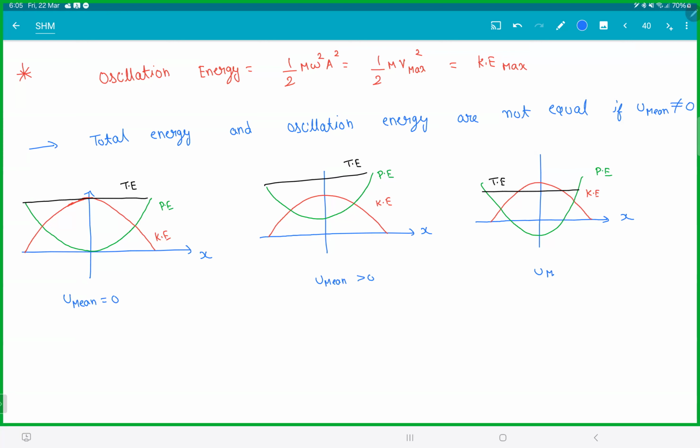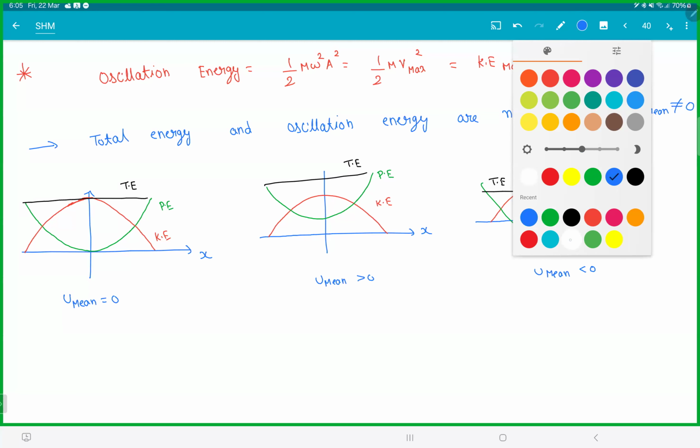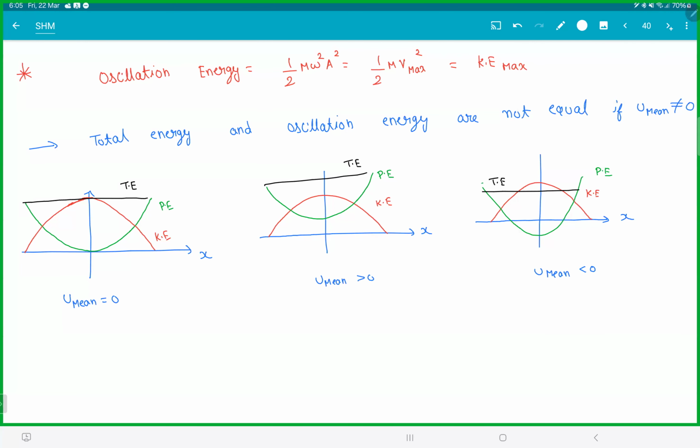This is the case where U mean is less than 0. So if someone gives a graph like this, don't think it is wrong. You're just messing up with the U mean values there. Have a look at this.